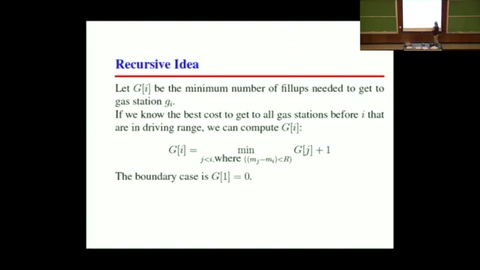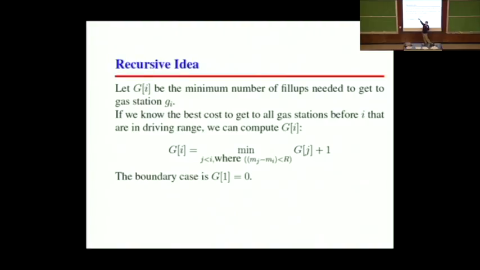Well, I'm minimizing over J within driving range. If all the stations were within driving range, I might have to look at all values of J from 1 to n. Does everybody see that the number of J that I can look at can't be more than n?